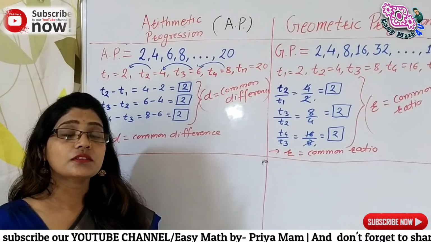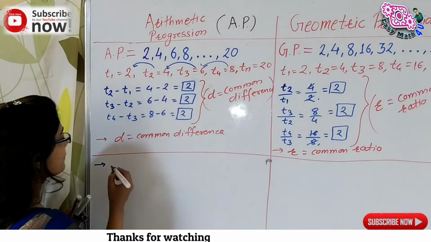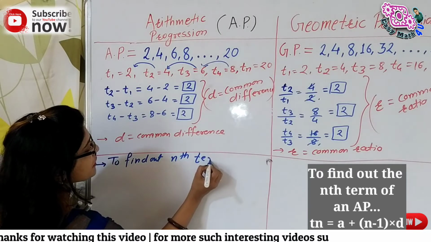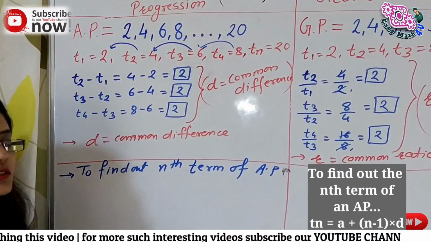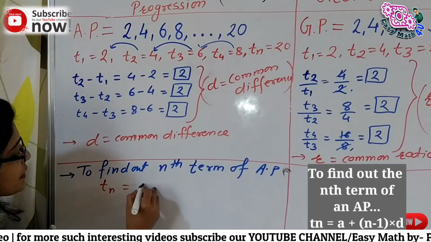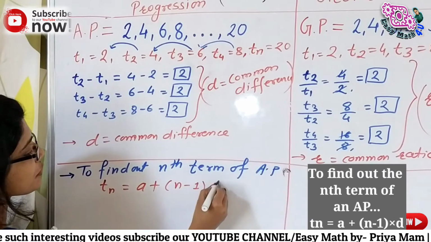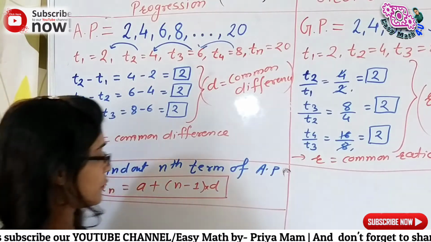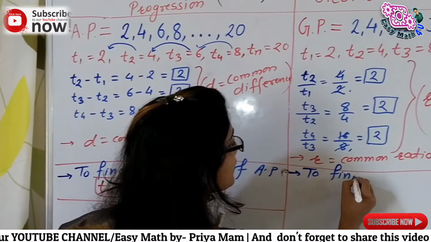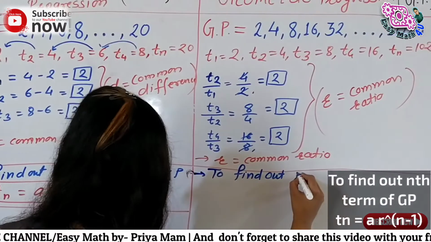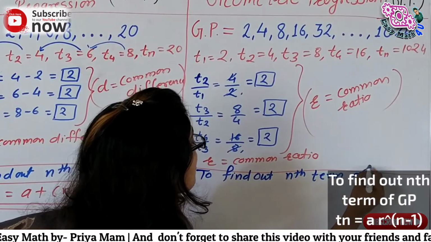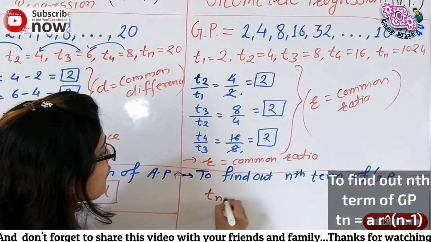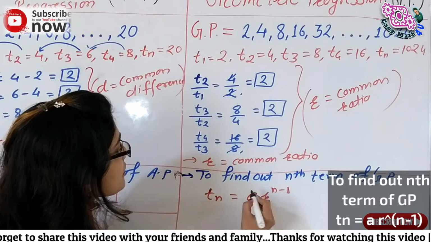So next point, when you are finding a particular term of an AP, what is the formula to find the nth term of an AP? The formula is T of n is equal to A plus (n minus 1) D. Now to find the nth term of a GP, the formula is T of n is equal to A r raised to n minus 1.